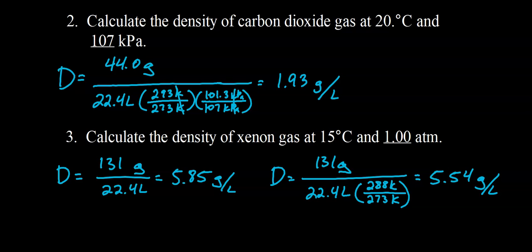So when you increase the temperature of a gas, its density decreases. This is how hot air balloons work. You take some air in a balloon, heat it up, the volume increases, the gas expands, and the density decreases, allowing that balloon to float. So maybe useful to know the relationship between the density of a gas at STP compared to not at STP.